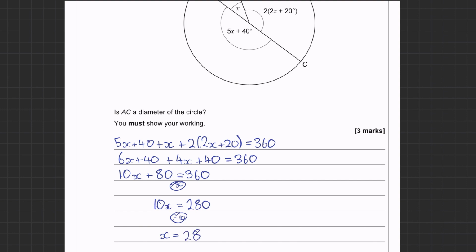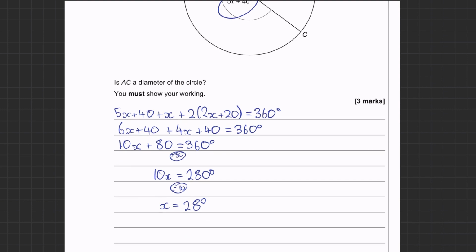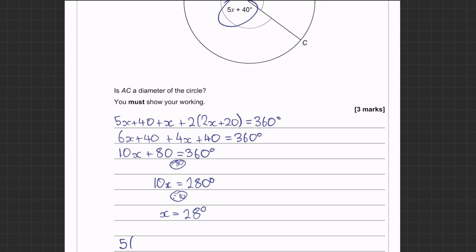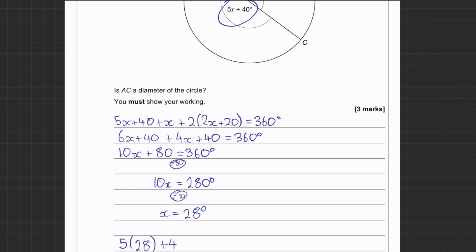So now we know what x is, which is 28 degrees. What we need to say is, well, does this 5x plus 40 equal 180 once we input this x? So we'll say, inputs x equals 28, and we'll say 5 lots of 28 plus 40.